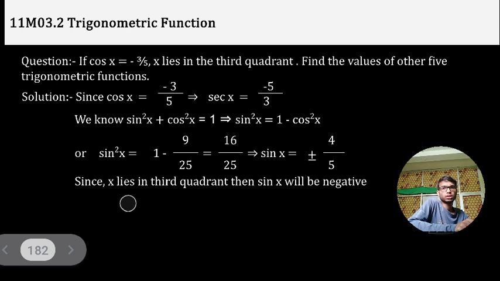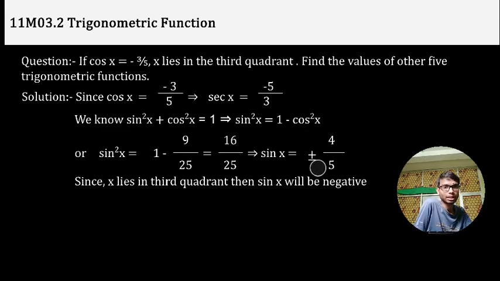Now here, since x lies in the third quadrant, sin x will be negative. Why? Because it is telling you that theta is in the third quadrant. We know that sin and cosec are positive in the second quadrant. But here the sign is coming in the third quadrant, where tan and cot will be positive but sine will be negative.